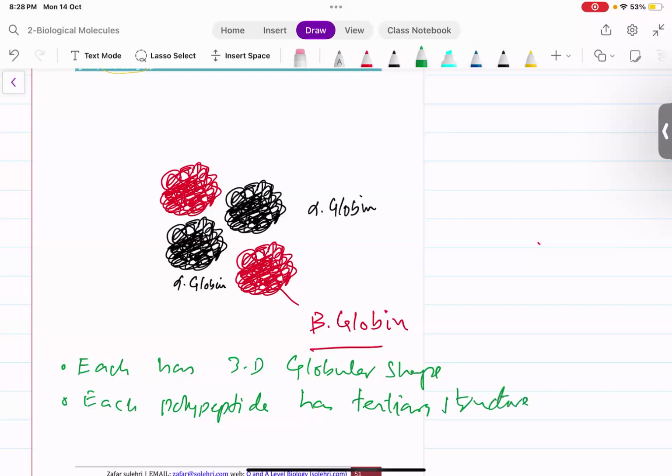Then each polypeptide has a heme group, a prosthetic group attached with them. So we can draw this.